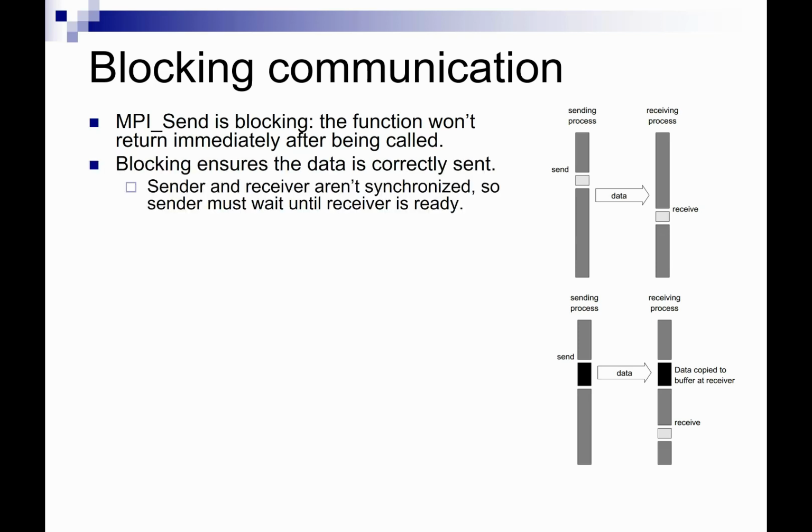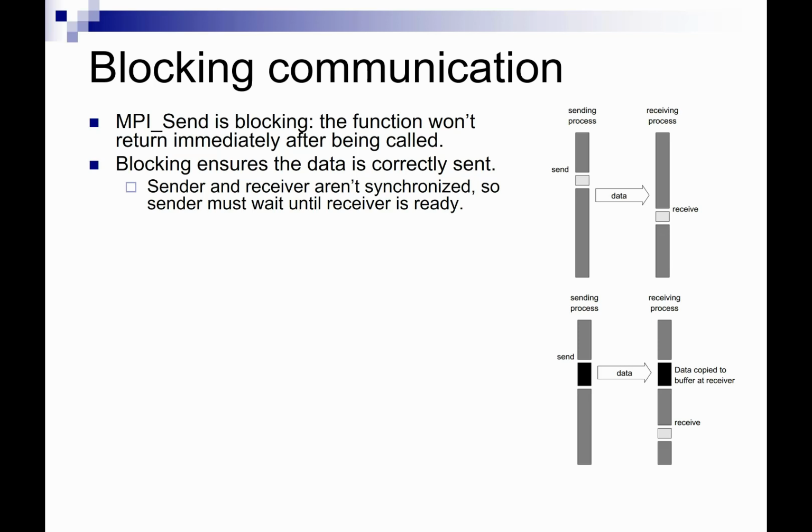The reason this function is blocking is to ensure that the data is correctly sent. Remember that in MPI, the processes are not synchronized with each other. So if I'm sending you a message, maybe you're not ready to receive that message yet. So I need to wait. If I want to send you a message, I start my send, but then I need to wait until you're ready to receive that message in order to make sure that you don't lose the message.